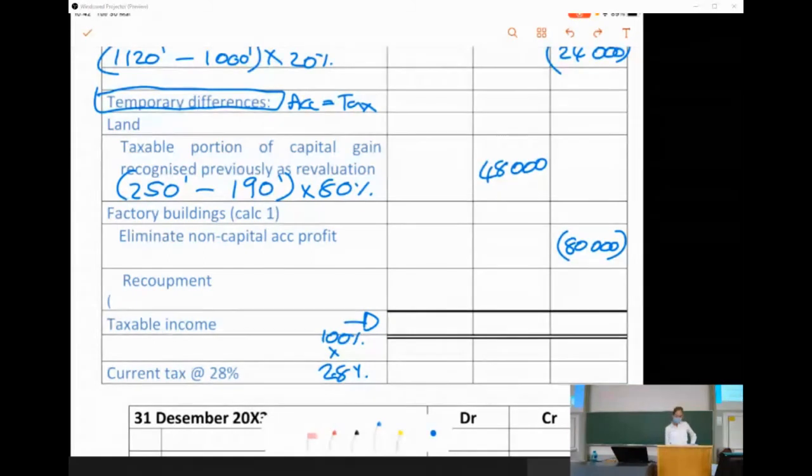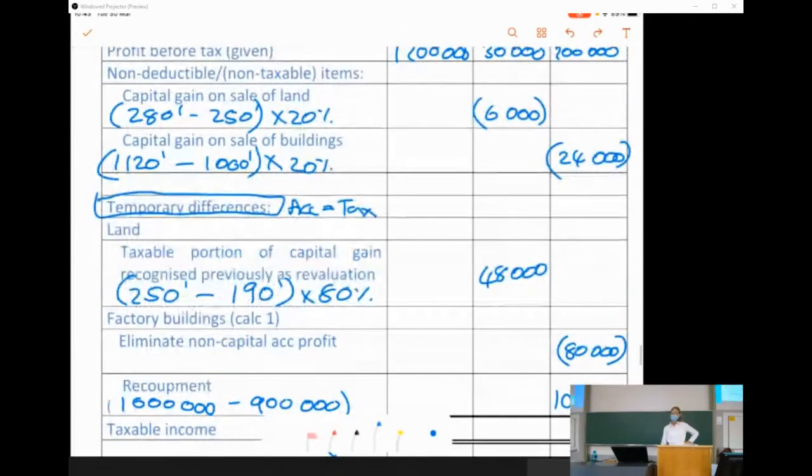So the recoupment, we said, will be the original cost of 1 million less the tax base on the date of sale. We taxed on the 100,000. Okay, so does that make sense?